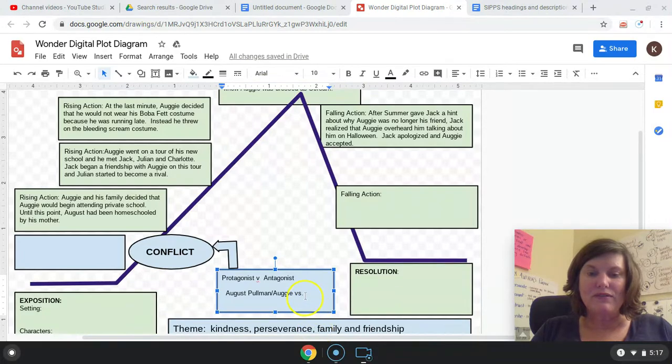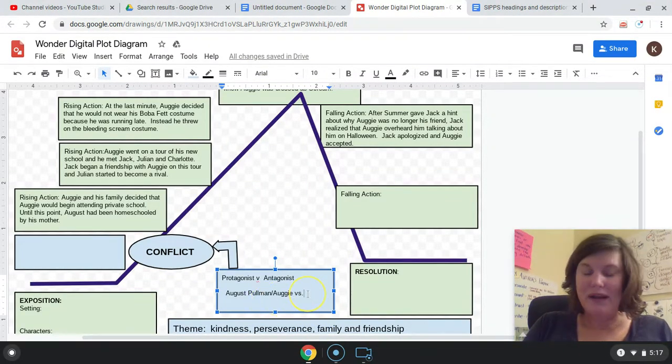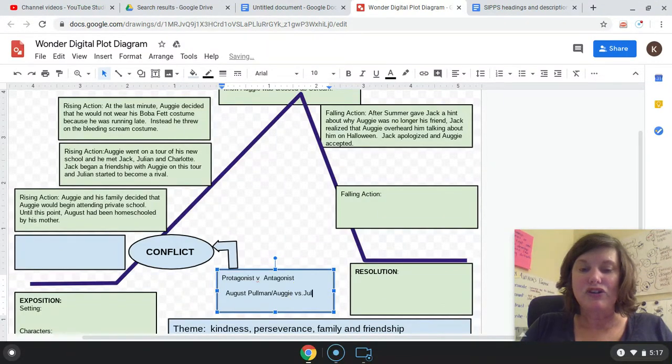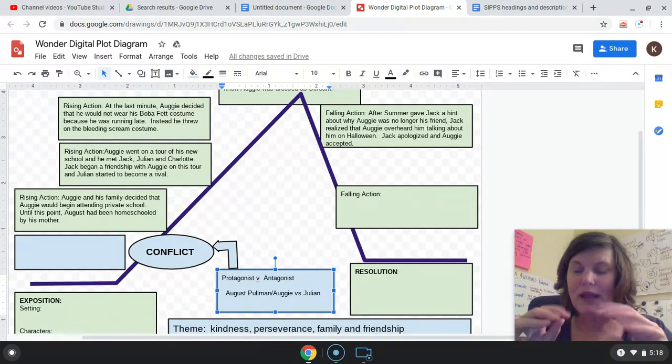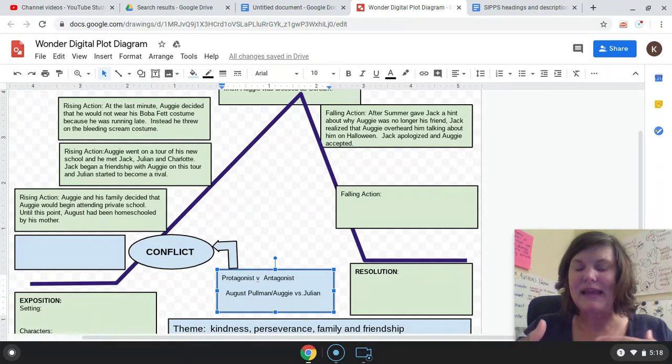And so now we can fill in here that August Pullman, we already have Augie as the protagonist, and now we can add Julian as the antagonist right down here. Okay, so every good novel or every good story will have the protagonist and the antagonist.